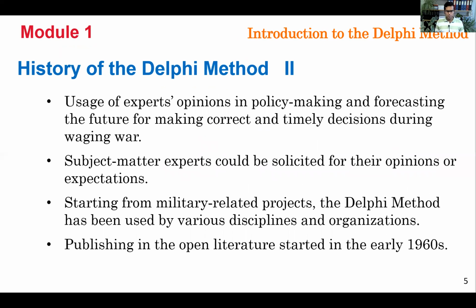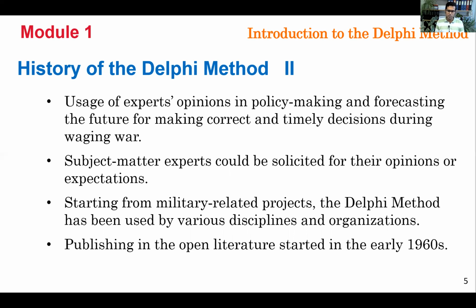Delphi was consulted for forecasting the future so that correct and timely decisions could be made before embarking upon a major course of action, such as waging war. Hence, subject matter experts can be solicited for their opinions or expectations about the likelihood of future events or scenarios of interest to the RAND Corporation.